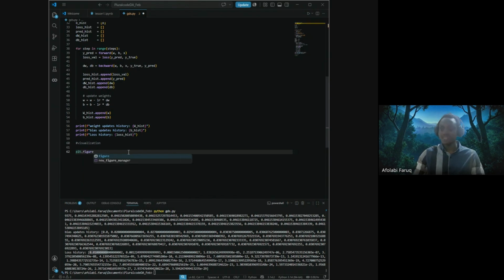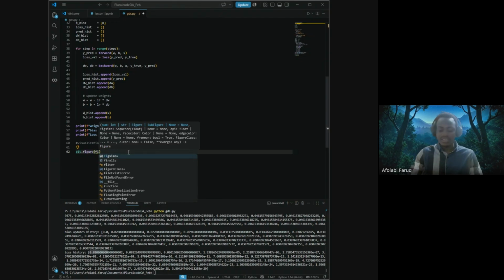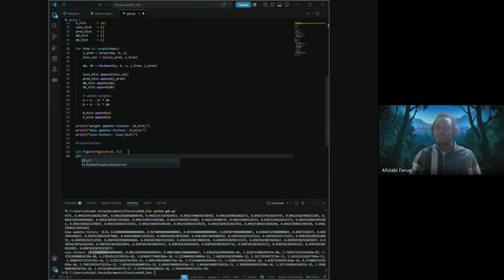I'm going to first set the graph size, so figsize is 8,5. Now the next thing I want to do here is plt.plot. Don't forget that each of these steps is like the epoch.